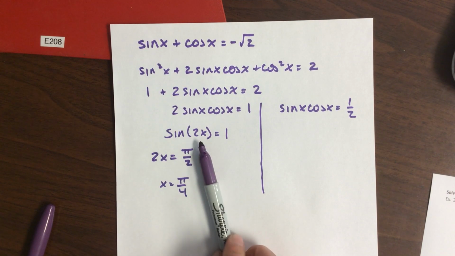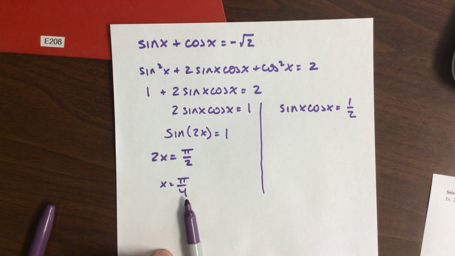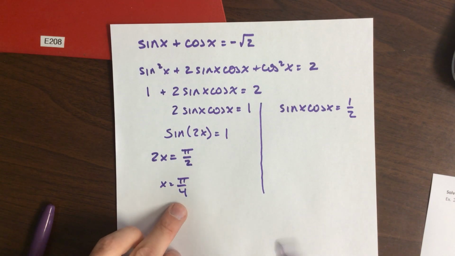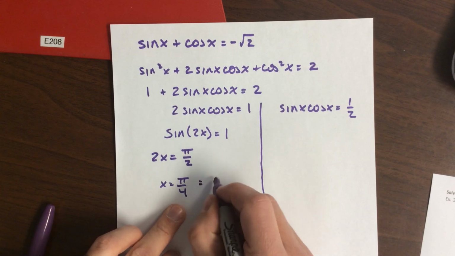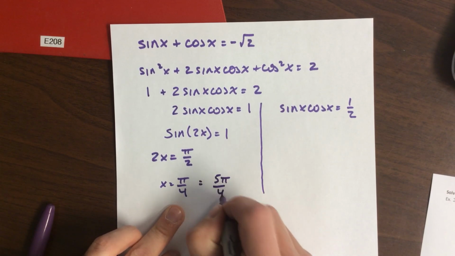If we look at sine of 2x, what's the period of that function? It's going to be 2 pi over b. 2 pi over 2 is going to be pi. If we take pi over 4 and we add pi, what do we get? We get 5 pi over 4.